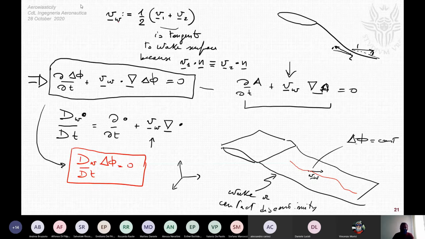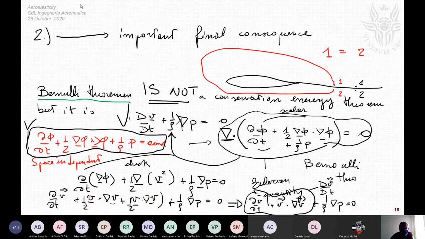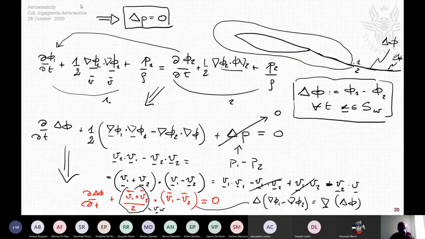However, we have this new boundary condition to be applied on wake points, together with this other one. This is a consequence of momentum conservation, the Bernoulli theorem, and of the fact that delta p is 0, as we have demonstrated clearly.